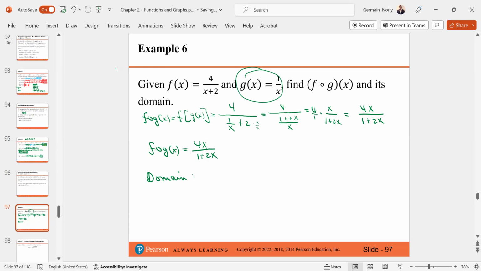Remember, for g of x, x cannot be 0 because 1 over 0 would be undefined. So we know for g of x, x cannot be 0. That means the domain here would be negative infinity to 0, union 0 to infinity. So that's for g of x.